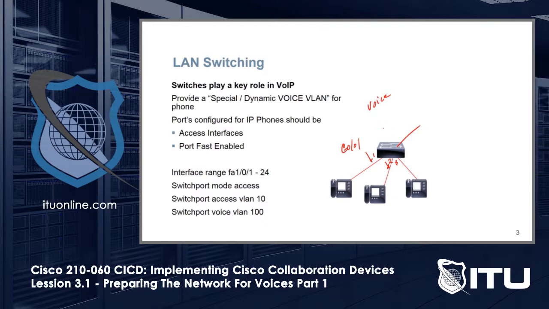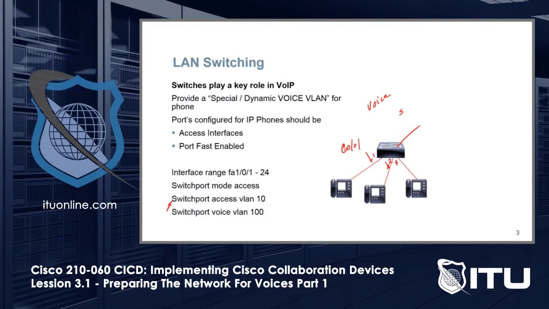We've done the whole switchport mode access, and we've told it about a VLAN it should operate in, switchport access VLAN 10. Well, that access VLAN 10 is going to be the VLAN that's used unless there's a voice VLAN configured.